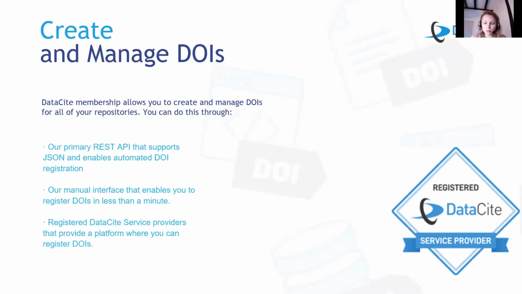And then we also work with what we call service providers, so platforms that have integrated with our APIs to provide DOI registration functionality to other organizations. For example, DSpace does that, also Dataverse, Figshare, so there are a number of platforms that provide that functionality.